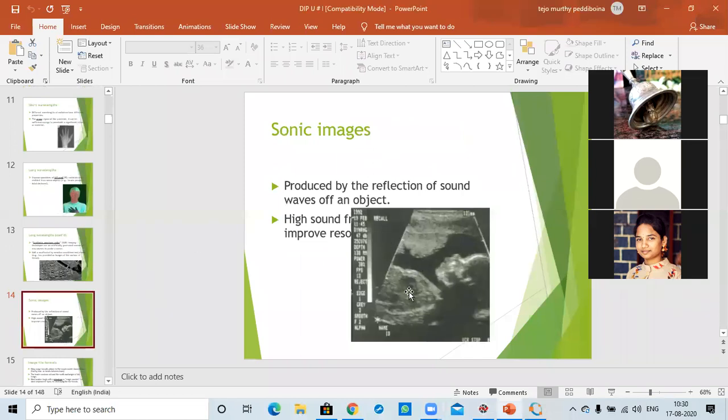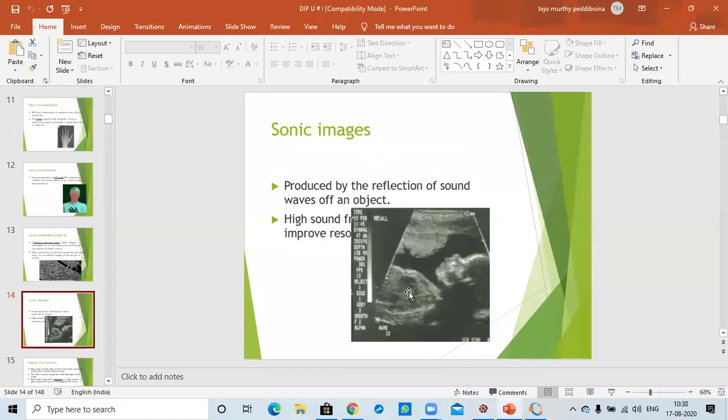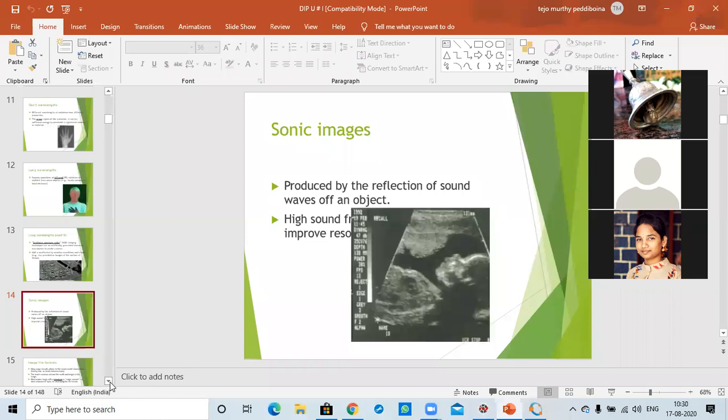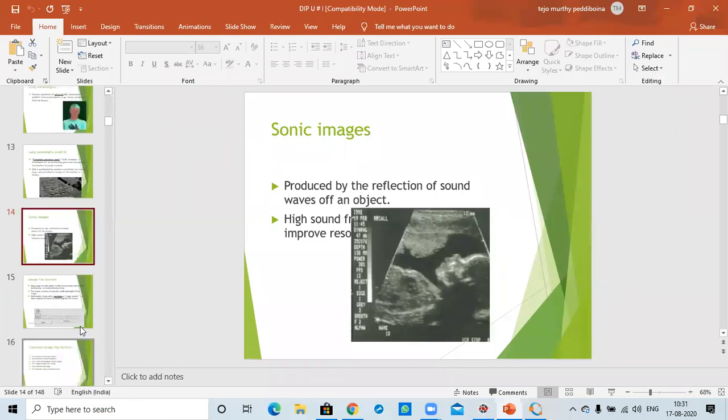And ultrasonic images, even so you can see the baby shape and growth of the baby, and all those things you can identify with this sonic images. These are all very very useful image processing techniques.